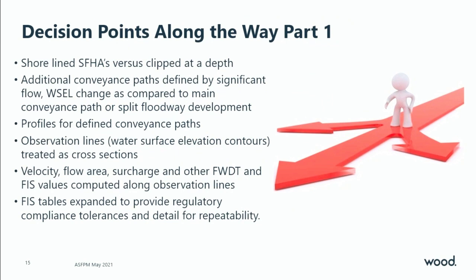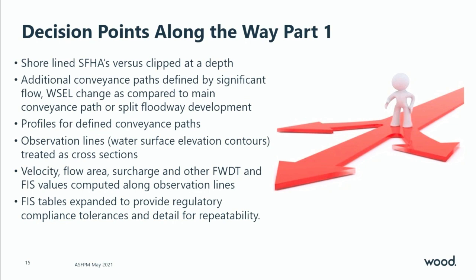There are a lot of things out there that are open for discussion. Are shoreline special flood hazard areas versus clipped at a certain depth? We believe that the shoreline method meets the intent of the 1D regulatory special flood hazard areas as best it can from a 2D world.